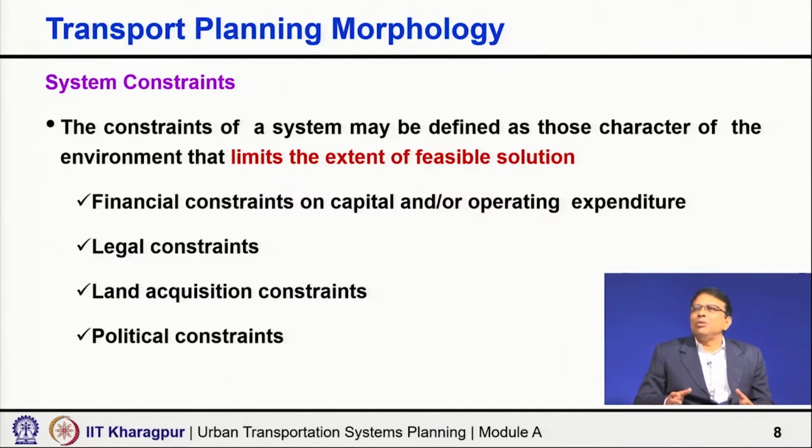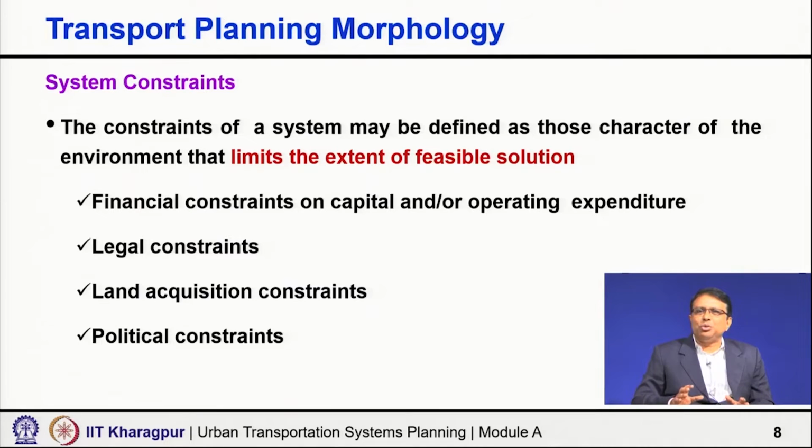Or they came out with something which will require so much money that the government does not have that much money to spend. So, we want to avoid such kind of things. So, before even you think of moving further, once you have identified the objective, you must know what your constraints are.